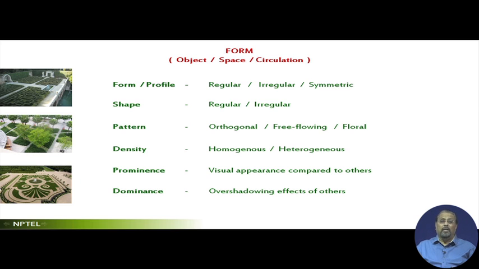So in landscape you will give some characteristics to one particular kind of object, or maybe more than one, and that will attract the viewer towards it with a little bit of prominence, instilled by you through its intrinsic material, design, shapes, forms, scales and such. So it is the visual appearance of something in comparison to the rest, which catches attention.